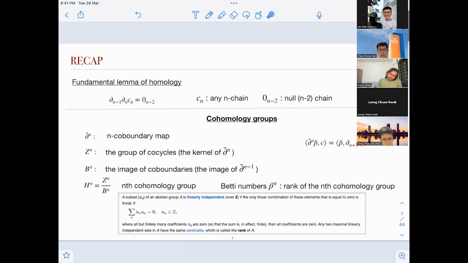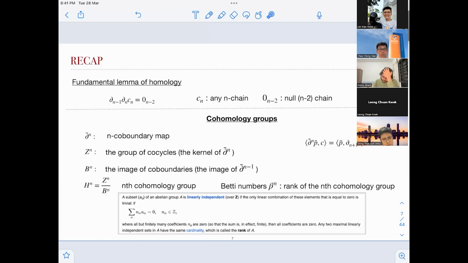Then we discussed the fundamental lemma of homology, which says that the boundary of a boundary is a null chain. If you apply the boundary map on a boundary, you will get a null chain, because a boundary does not have a boundary.